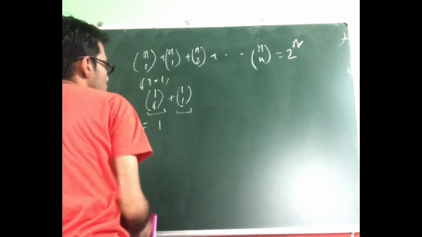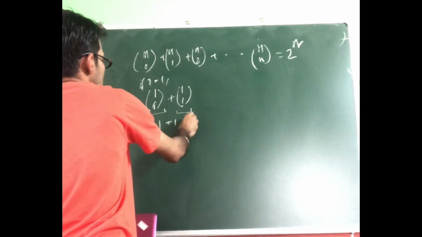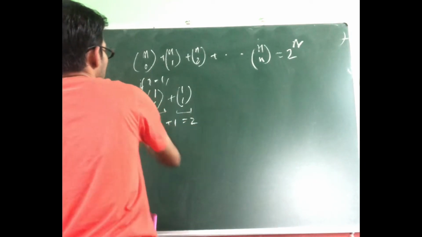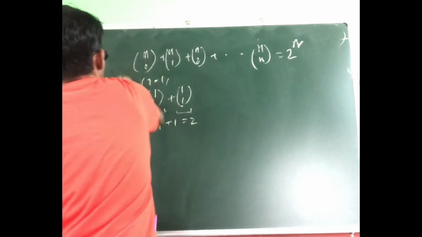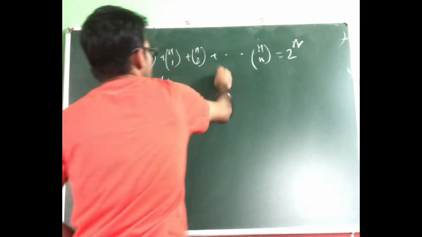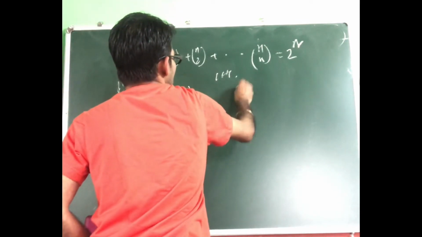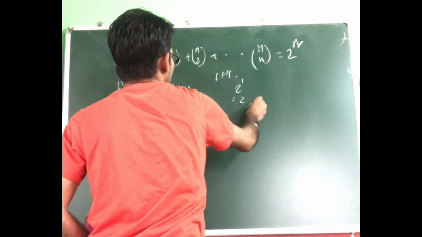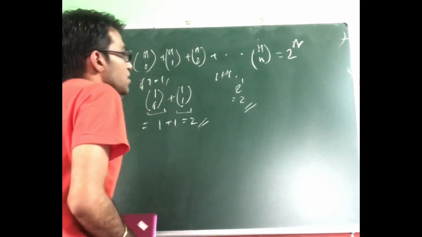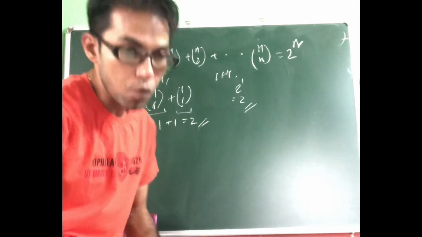So this basically is 1 and this basically is 1, so this is 2. What about the left hand side? So with n equal to 1, 2 to the power 1 is 2. So I have got left hand side equal to right hand side. So this statement holds true for n equal to 1.